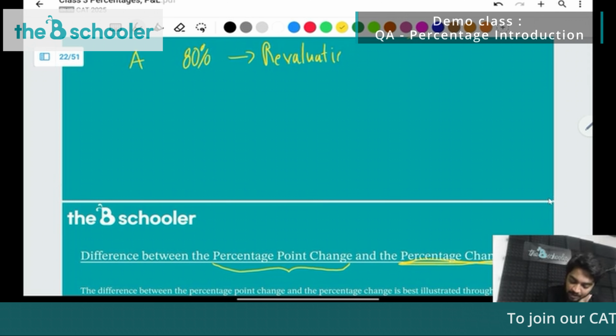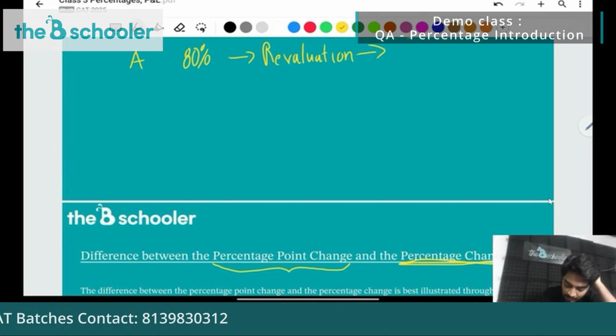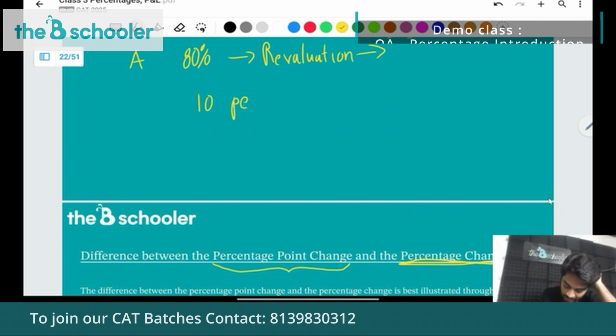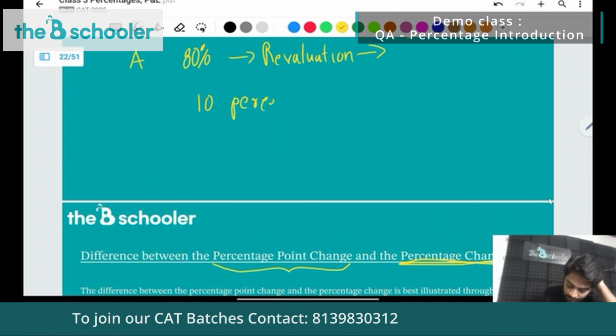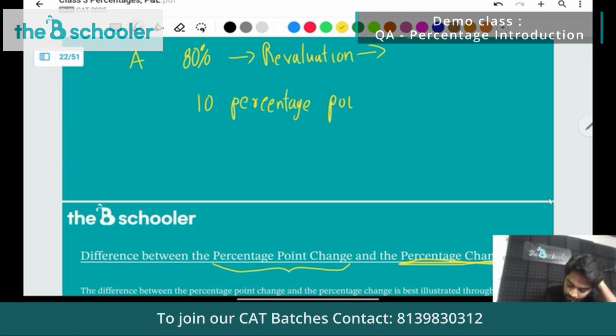Now, after evaluation, it was found that they hadn't corrected one sheet in his answer sheet. So once they reevaluated, his marks went up. So now, after revaluation, his percentage increased by 10 percentage points.